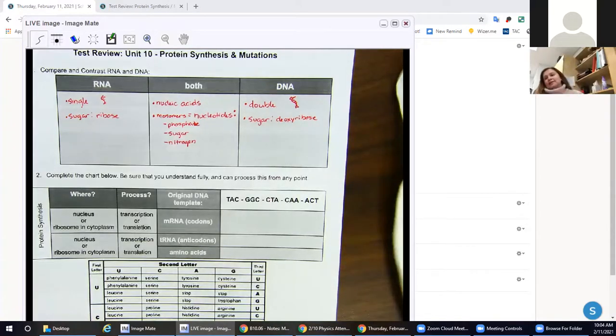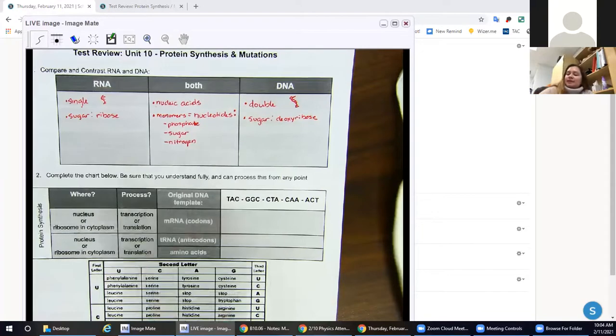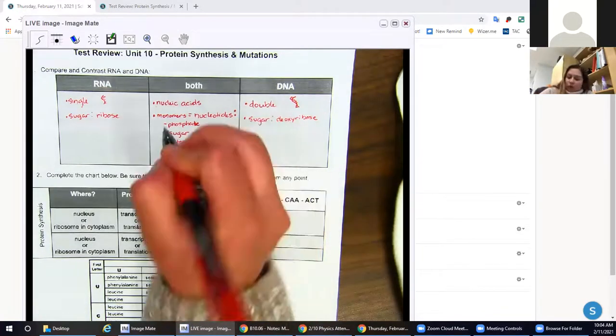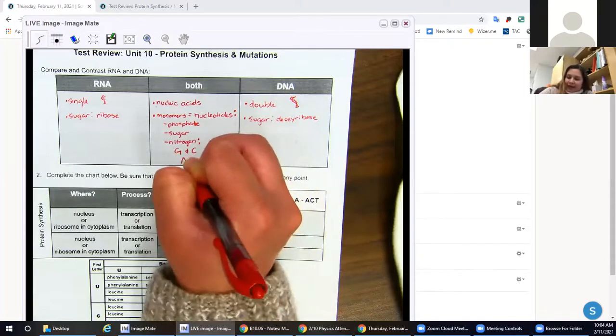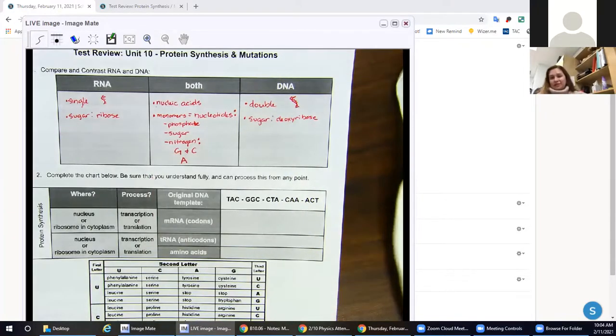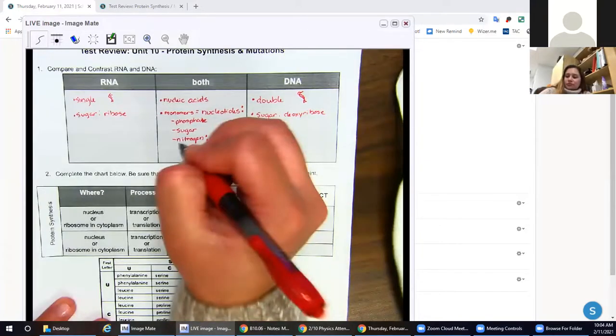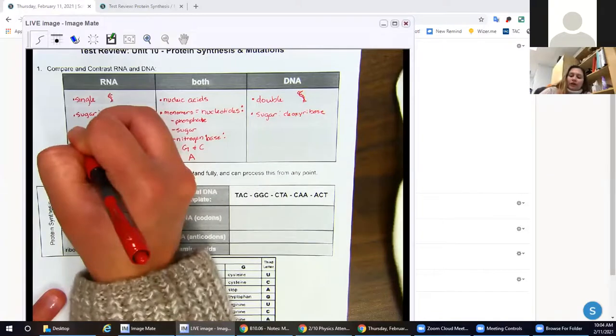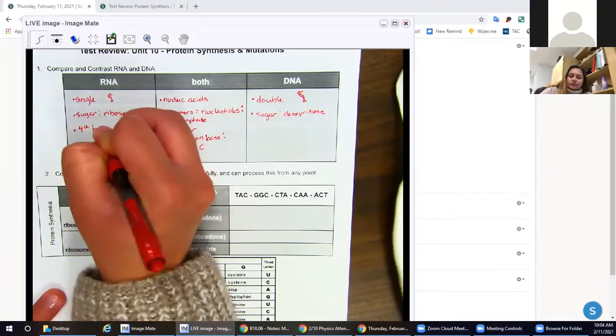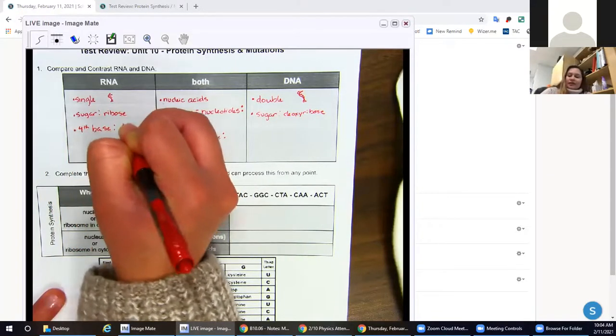Ribose, RNA, deoxyribose, DNA. The nitrogen bases they're going to have are guanine, cytosine, adenine, but they're going to have a different 4th base. For RNA, the 4th base is going to be uracil.